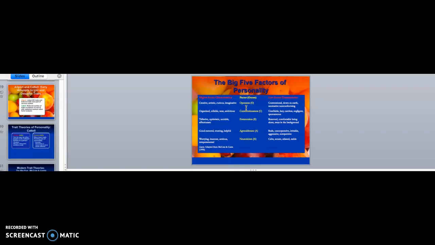These are all based off of Cattell's 16 source traits. And so 16 was kind of a lot, and these 5 are a little bit easier to understand. But they're captured from hundreds of characteristics, basically boiling down to these 5 dimensions, of which individuals are going to lie on the spectrum somewhere, right?